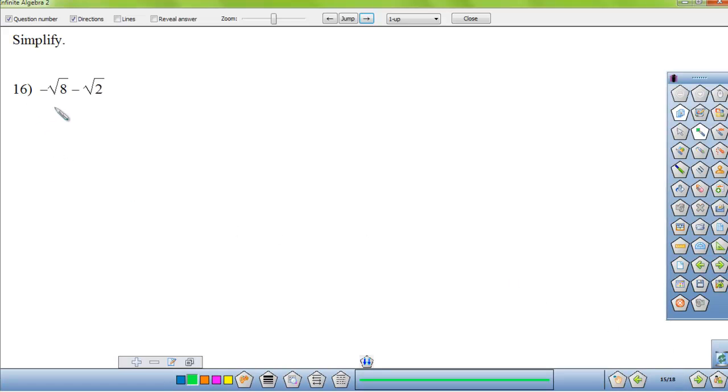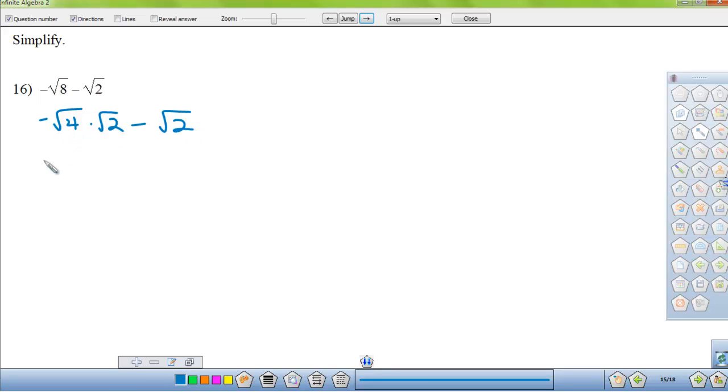In this example, we have minus the square root of 8 minus the square root of 2. And again, at first glance, it looks like you cannot combine these. But if we take that 8 again, and we just did this in the previous example, if we take that 8 and break it down into its simplified components, we get negative square root of 4 times the square root of 2 minus the square root of 2.